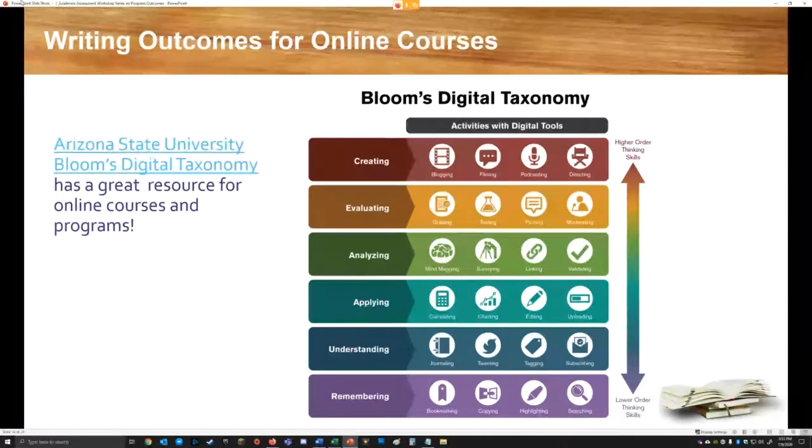So it has the same different categories or levels from lower level to higher order, but it incorporates things that you might not normally think of when you're talking about action verbs. As you get higher up, uploading for applying, that's very interesting as we use Blackboard. There's also, which I thought was interesting, grading under evaluating. That's an interesting one too.